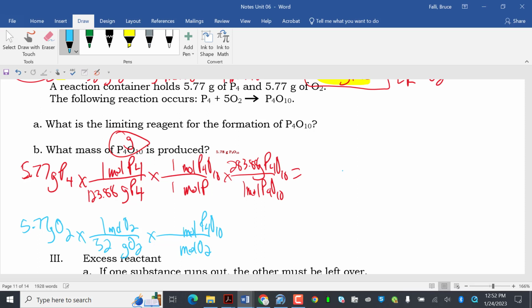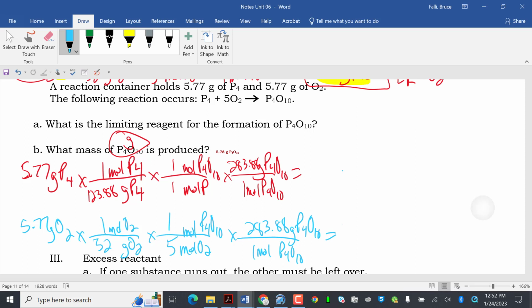Moles over moles, use coefficients, 1 to 5. And then I'm going to have 283.88. Notice the molar mass is the same, so at least I don't have to do that again, and 1 mole P4O10. And then let's get our answers. So do the bottom one first: 5.77 divided by 32 divided by 5 times 283.88.